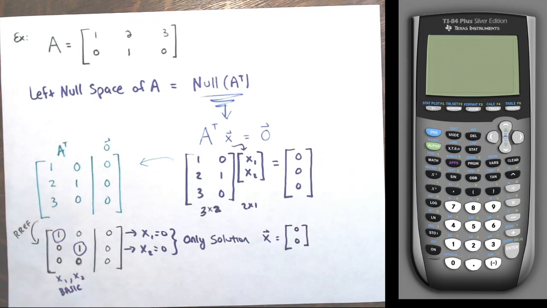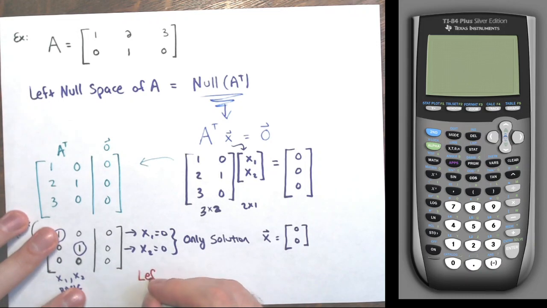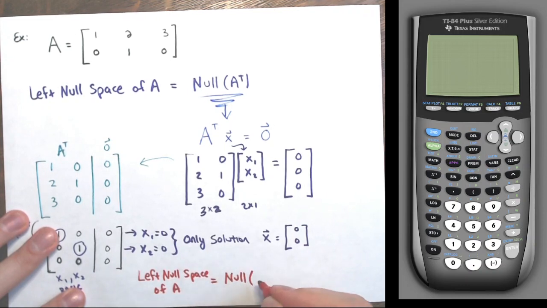All right, so my left null space. So the left null space of A, which is the same as this null space, has the same vectors as the null space of A transpose, is again only the set with the 0 vector in it. That's it.